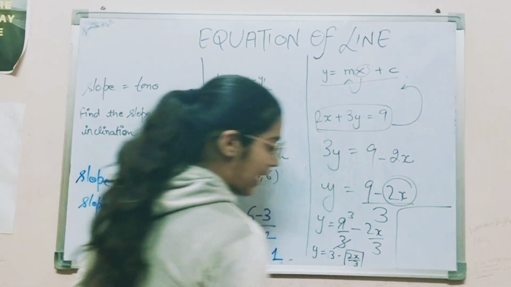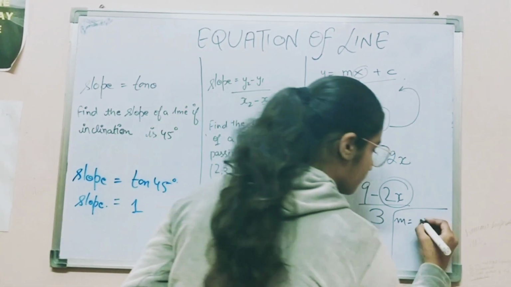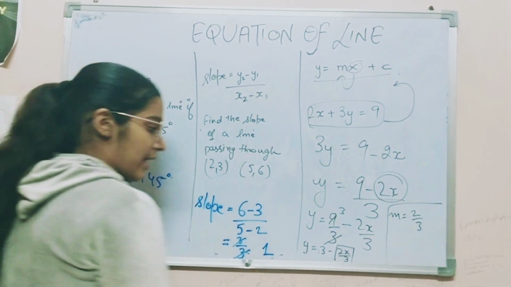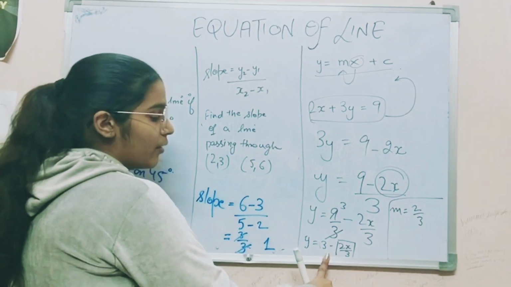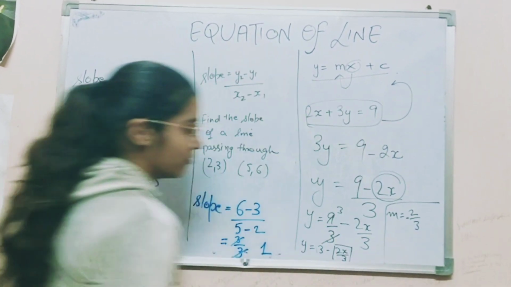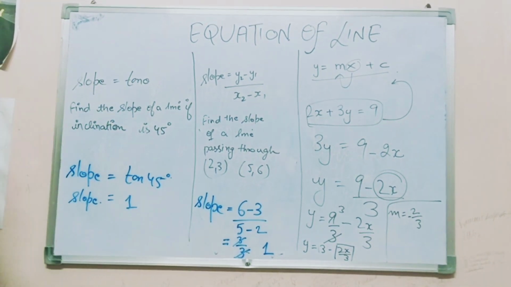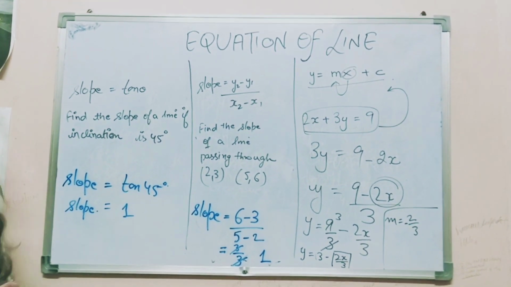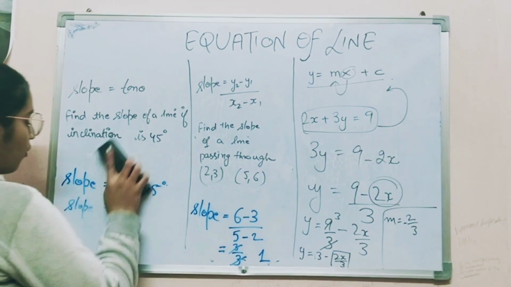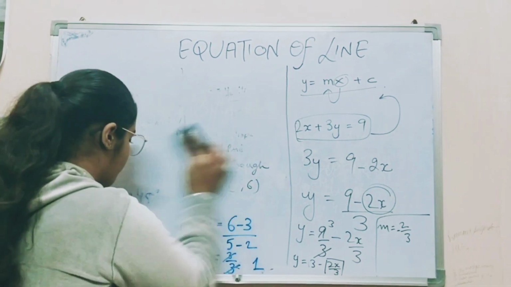So we can write m equals 2 by 3 as the coefficient of x. Here we are also having a minus sign, so we have to put the minus sign here also. So this is our required slope. So you can clearly see I have given you examples as well as told you when to apply which formula for the slope. So it's easy, don't get confused.